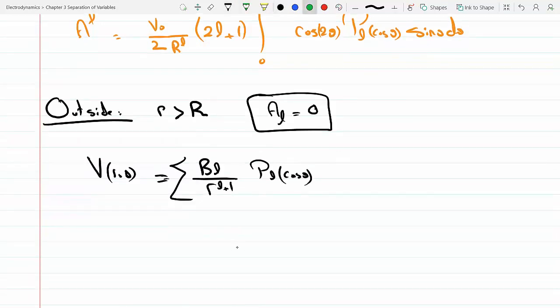Now continuity at the surface demands that the two potentials would be the same, right? So, continuity of V at the surface.